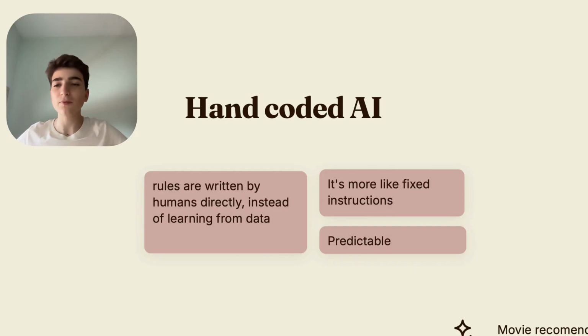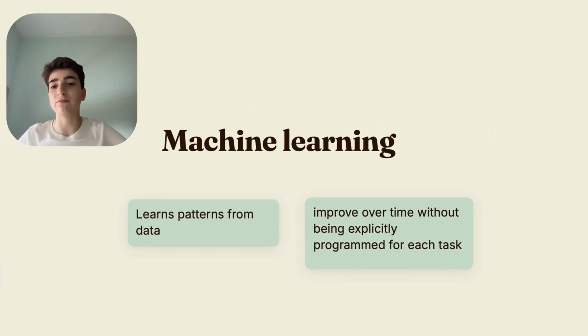It's just an AI that has rules written by humans directly, instead of learning from the ton of examples of data it has been given. So it basically has rules. It's more like instructions. A human tells it exactly what to do, and it's much more predictable because you have given it the rules.